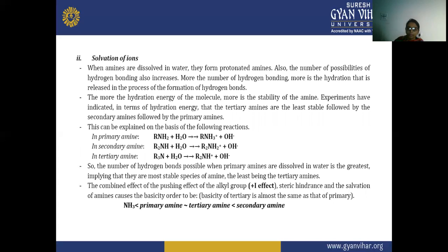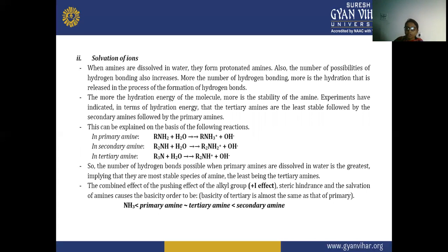Solvation of amines. When amines are dissolved in water, they form protonated amines, and the possibility of hydrogen bonding also increases. The more hydrogen bonding, the more the hydration, and there is a release of energy in the process of hydrogen bond formation. The more the hydration energy of the molecule, the more stable the amine is.